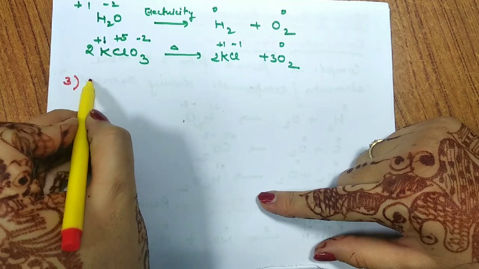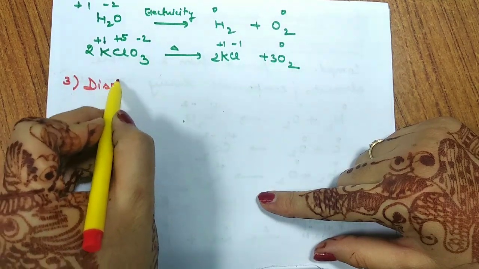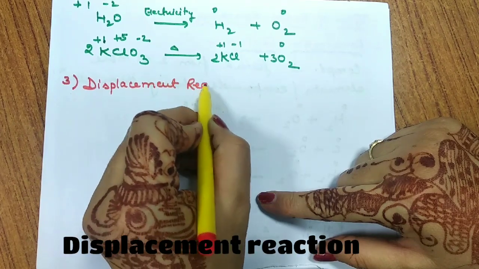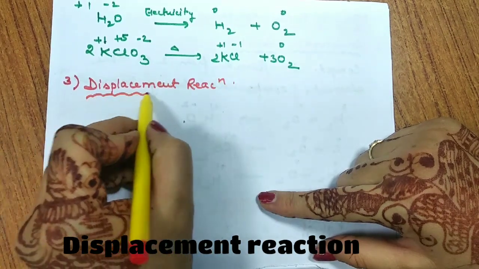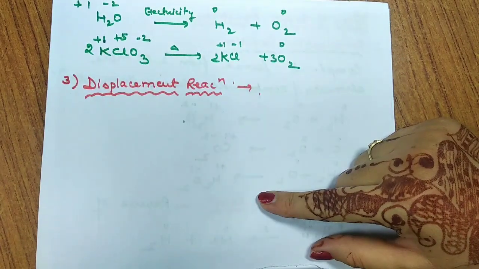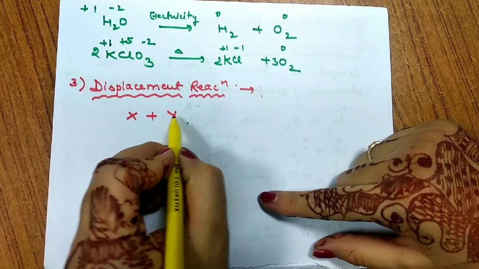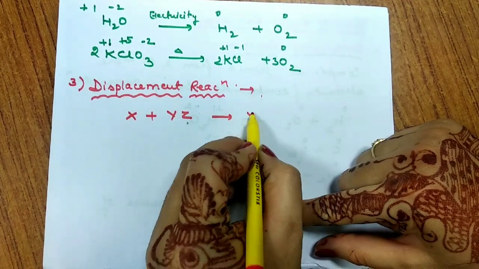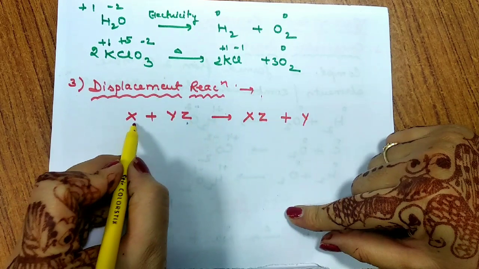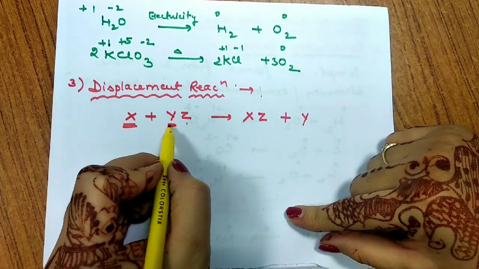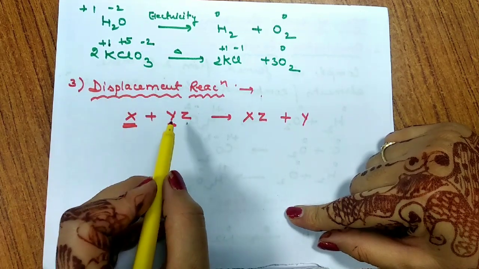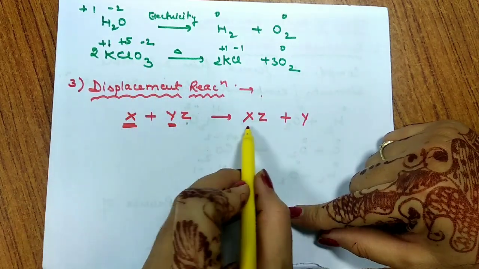Now we'll move to the third type of redox reaction, that is the displacement reaction. What does it say? If I write displacement in simple form, I can write it as X plus YZ changes into XZ plus Y, meaning X replaces Y, substitutes itself, displaces Y and takes its place.